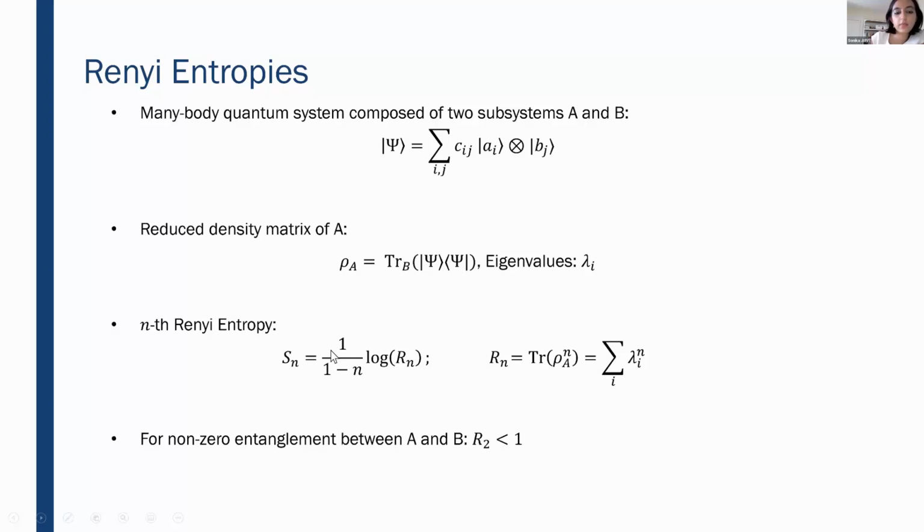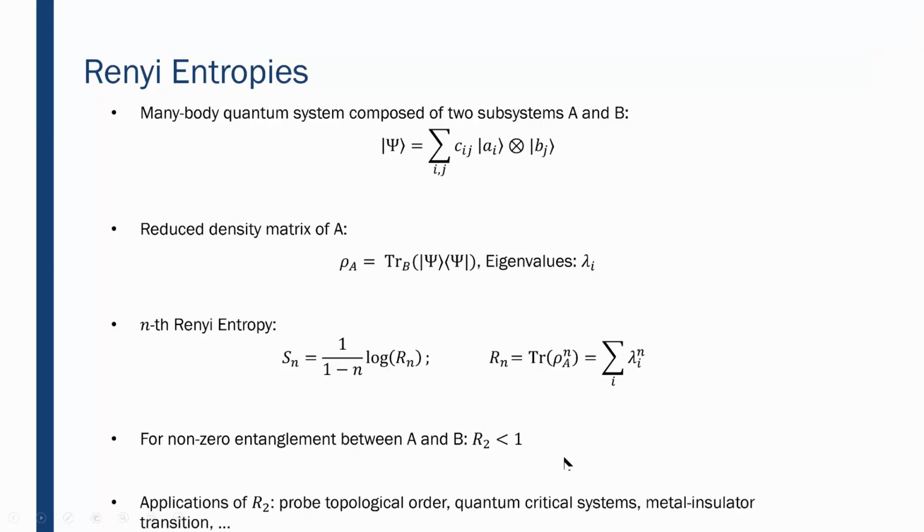So basically, the Renyi entropy is related to the log of Rn, where Rn is a sum over powers of the eigenvalues of this reduced density matrix of A. And basically what these Renyi entropies do is define the entanglement structure of the problem. So for instance, if psi was not a product state between A and B, but there was actually some entanglement between subsystems A and B, then R2, so if you had n equal to 2, the second Renyi entropy would be less than 1.